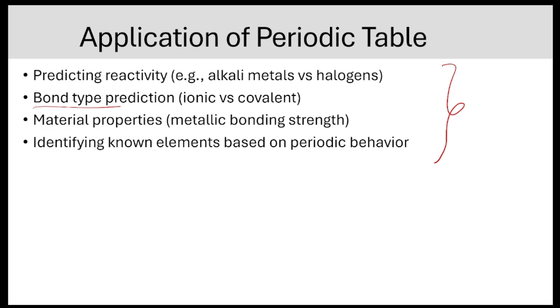We can also predict material properties, whether metallic, metalloid, or non-metallic. And like we said before, the periodic table can be used to predict the behavior of unknown materials.